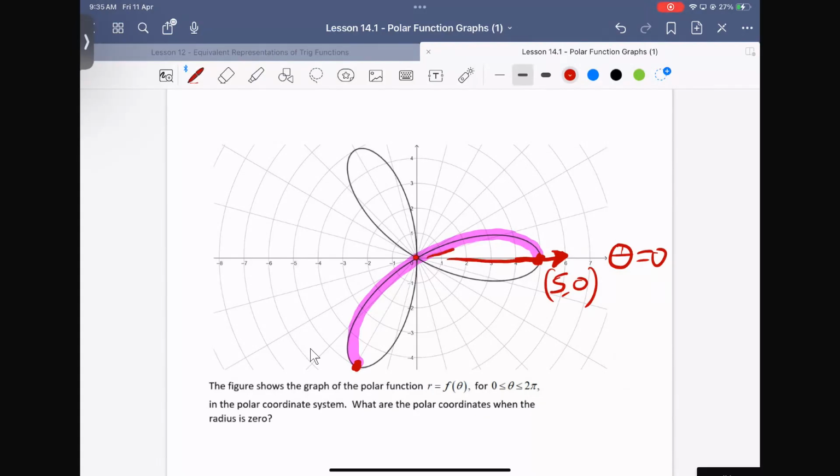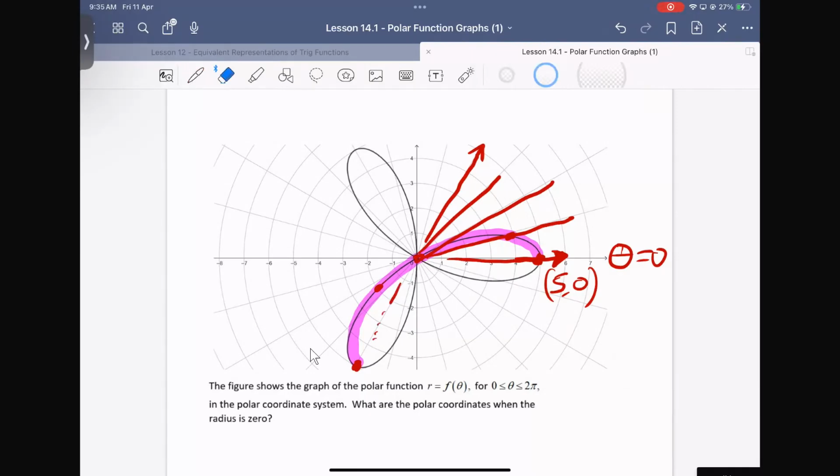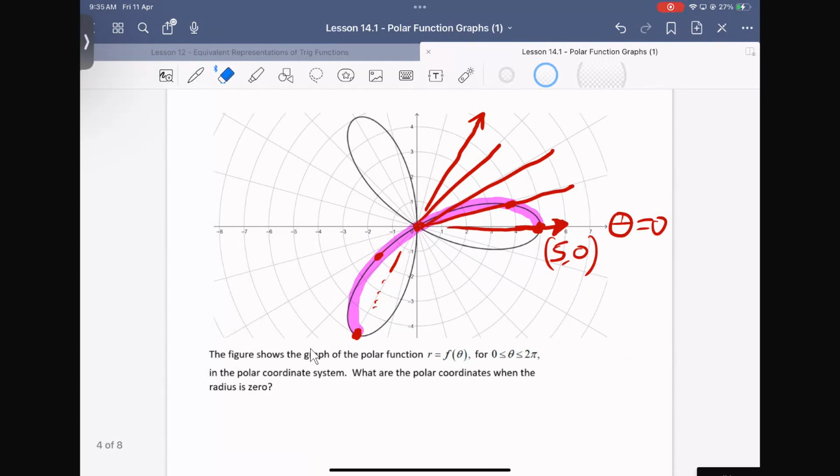When we're coming out along there, we're going to be here. When we're coming out here, we're going to be at the origin. When we're coming out here, we've got to be down there. When we're coming out here, we've got to be back here. So this point here is at polar coordinate 5, pi over 3.